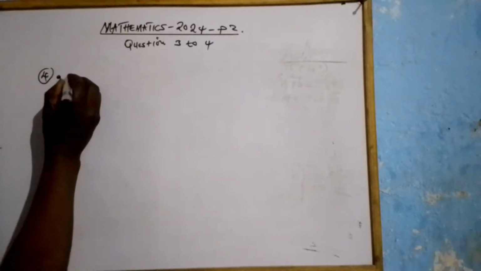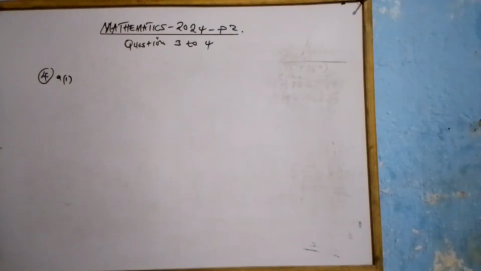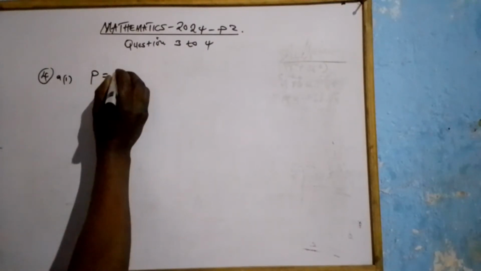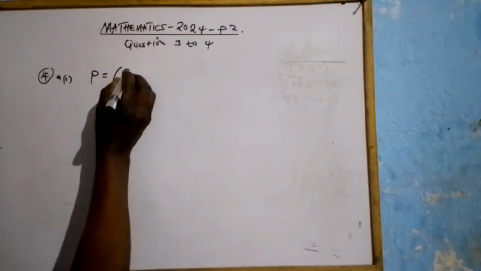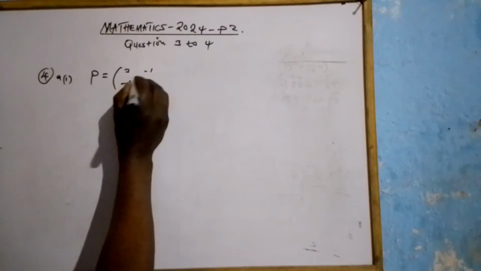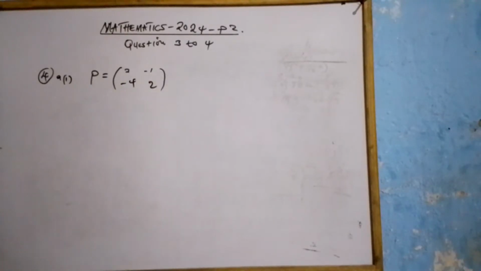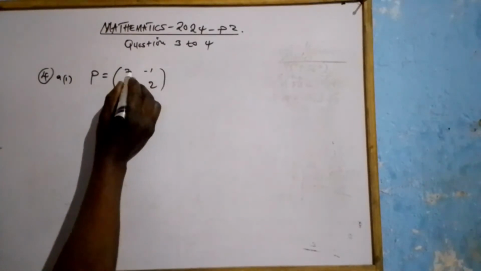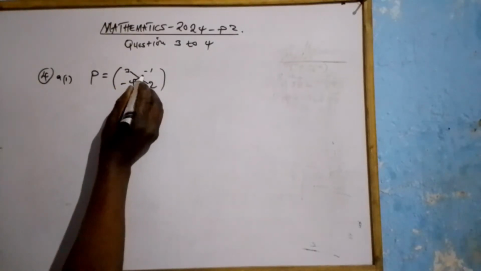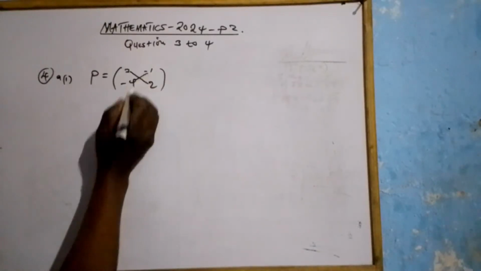Question 4A number 1. We have the matrix P, equal to open bracket 3, minus 1, minus 4 and 2. Then we have to find the determinant. How do you find the determinant? We multiply the major diagonal minus the minor diagonal.